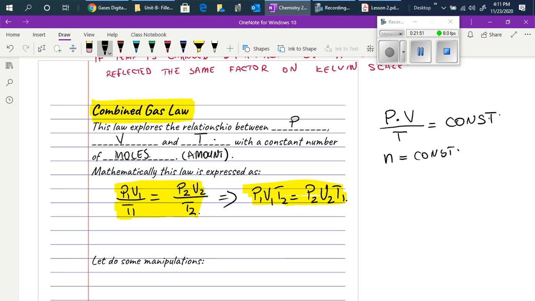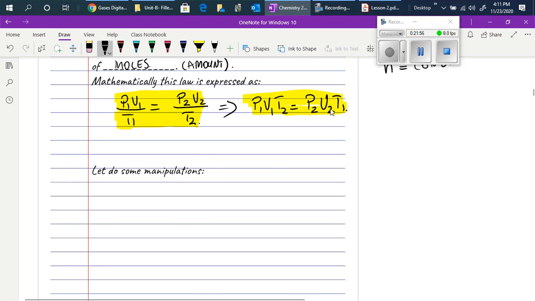Now let's do some manipulations in regards to finding the volume, the pressure, or the temperature. The easiest one is to cross multiply them.